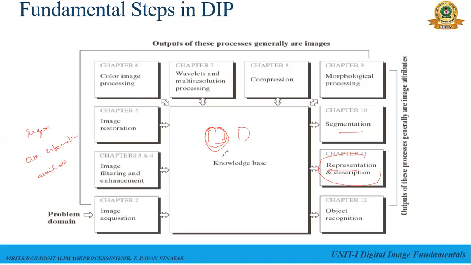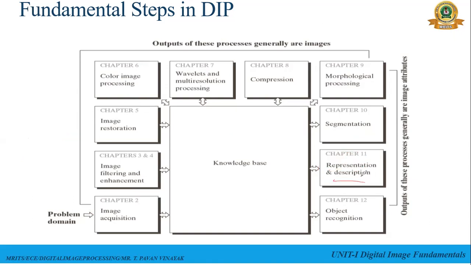We have to highlight something. We want borders, so we highlight the borders. We want boundaries of the image, or sometimes a region of interest. Those are all called representation for images.